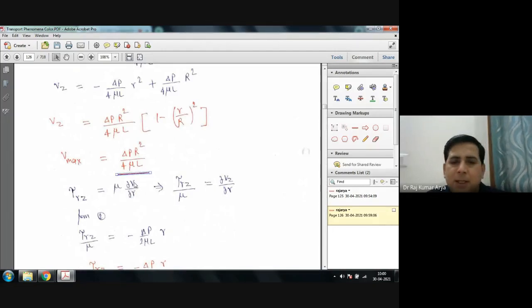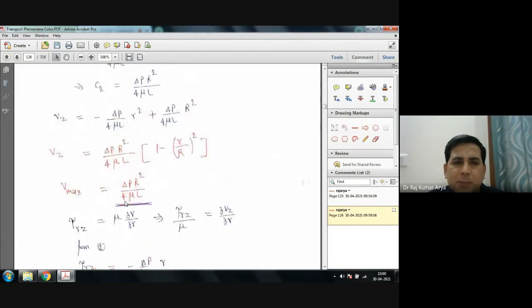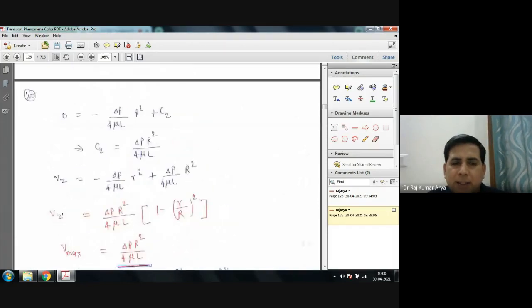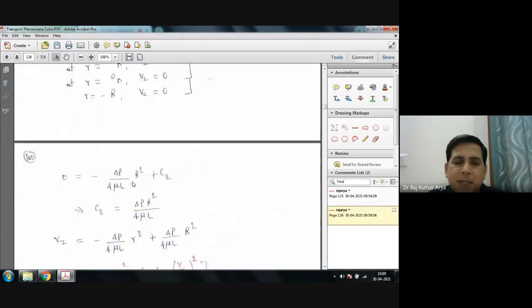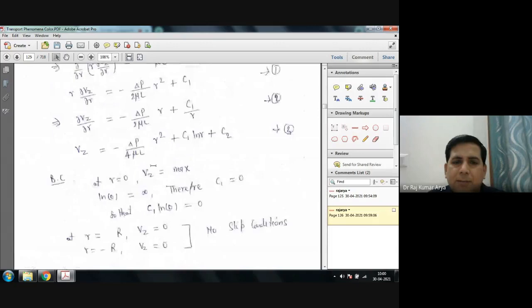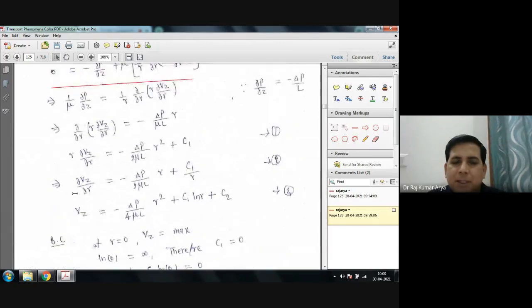So you can substitute here. Previously you already have the expression of Vz, so you can differentiate this. You already have the expression of del Vz upon del r, which is minus delta P r upon 2 mu L.